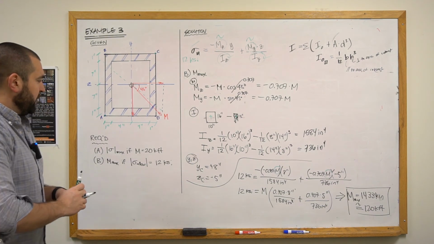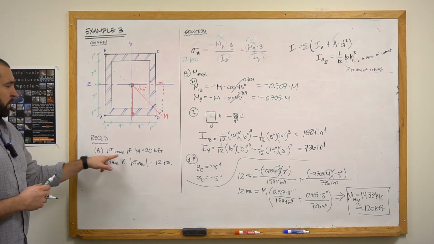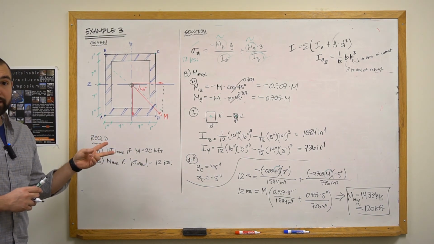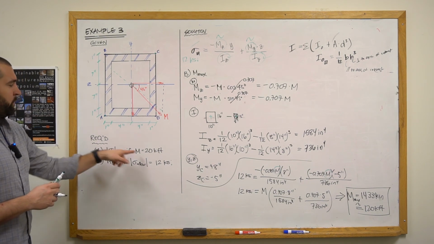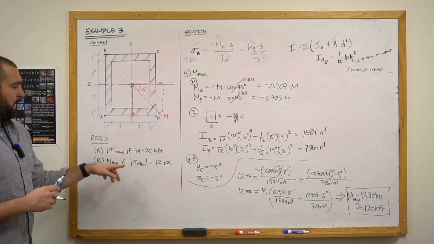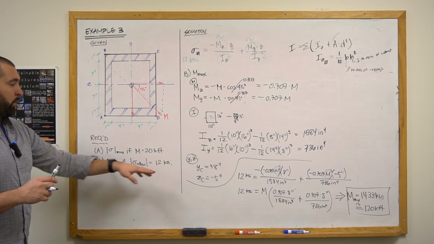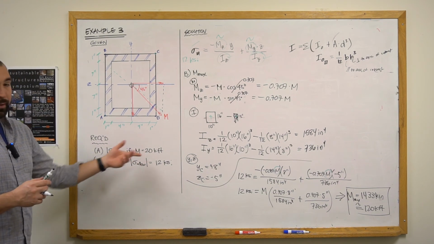Now, it's not surprising. Here, when we calculated the maximum normal stress due to a 20 kip foot moment, we got about 2 ksi. So some of you might have said, well, if we got 2 ksi for this, then in order to get 12 ksi, which is 6 times the stress, I would have just needed 6 times the moment, which is 120 kip feet, 6 times 20.